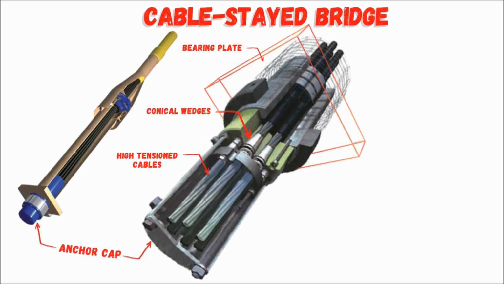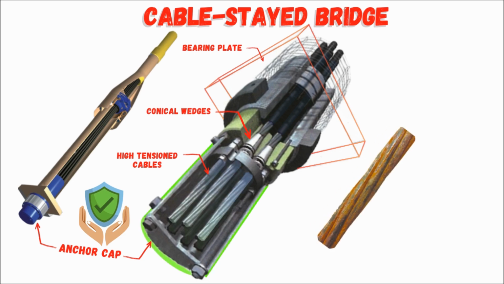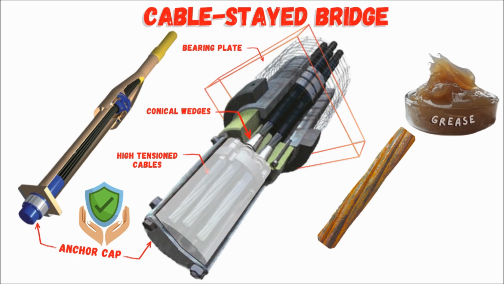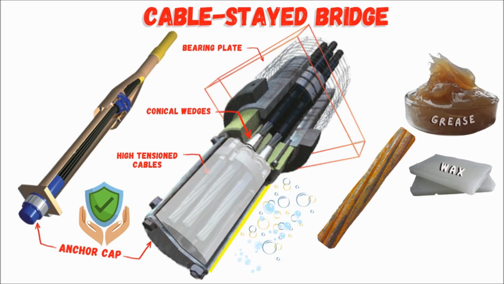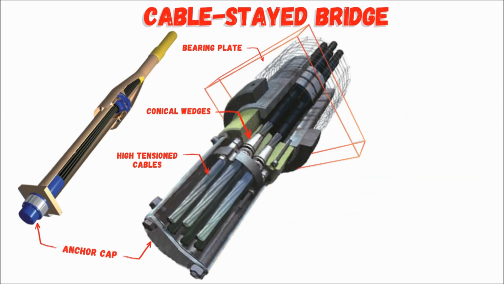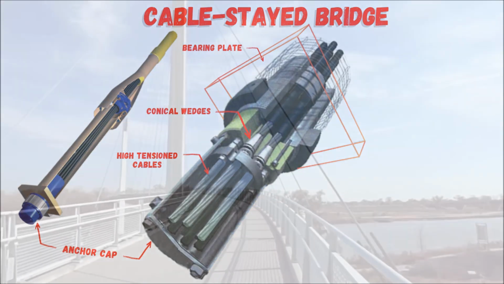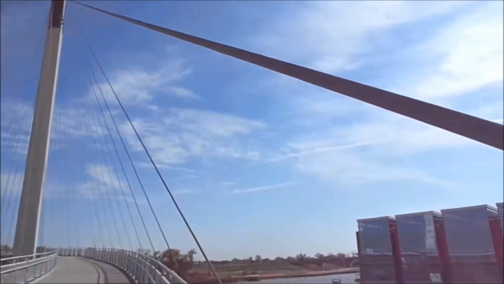This is the anchor cap, which primarily serves to protect the exposed pre-stressing strands and anchor head from corrosion and physical damage. The voids within the anchorage system are typically filled with grease or wax to protect from moisture and prevent corrosion. A stay cable is subjected to lateral movements as a result of vibrations.